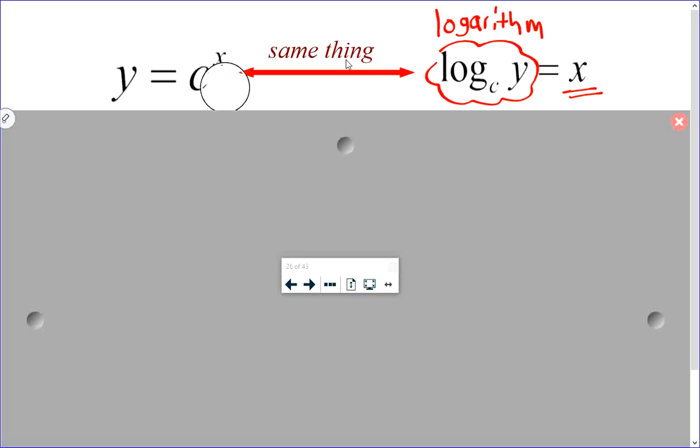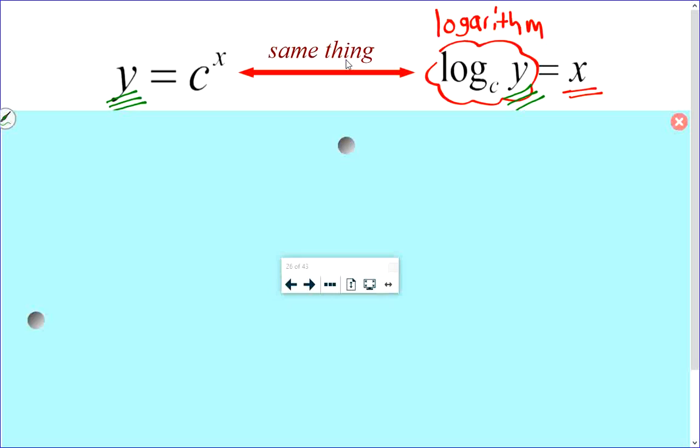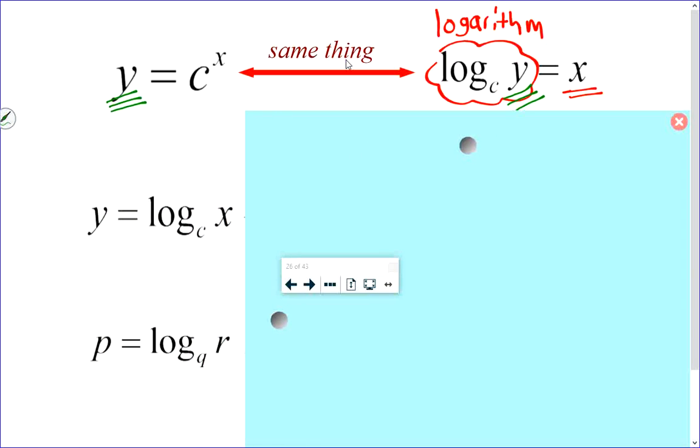Similarly, we can use the same kind of rule. Whatever is by itself in the exponential gets eaten up by the operation in the logarithmic. So if I said to you, how can we write y equals log base c of x in exponential form? y will be the exponent to which you raise c to get x.